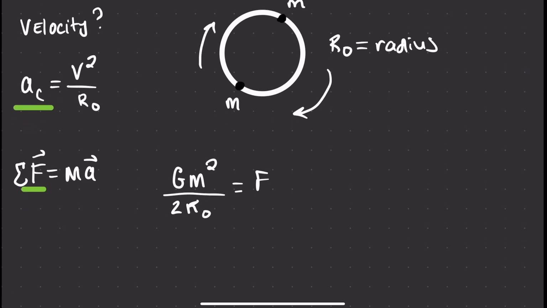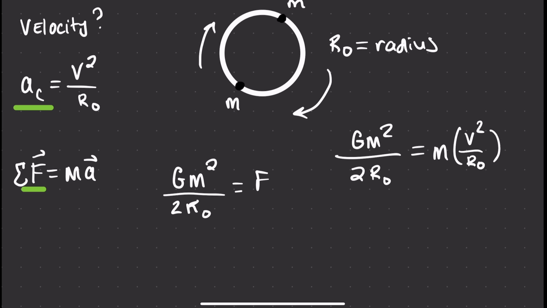The force, big G m squared over (2r0) squared, equals our m times our centripetal acceleration, which is v squared over r0. We now have our entire equation expressed in variables for which we have measurements or data, and so we can solve for our velocity using algebra.